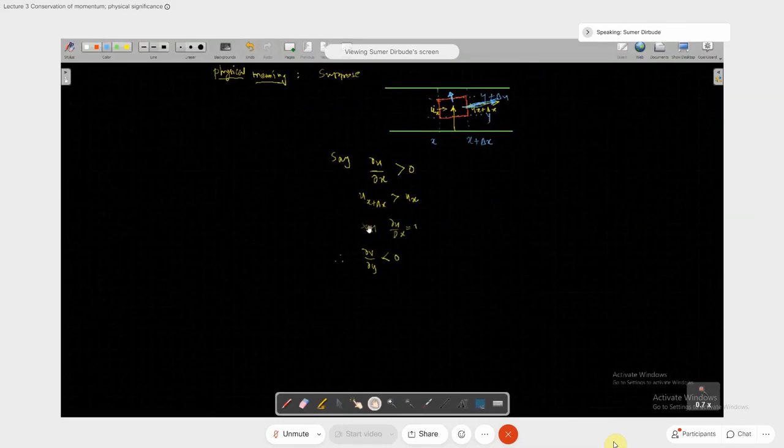Now with this understanding, we'll move on to our next equation, called conservation of momentum.